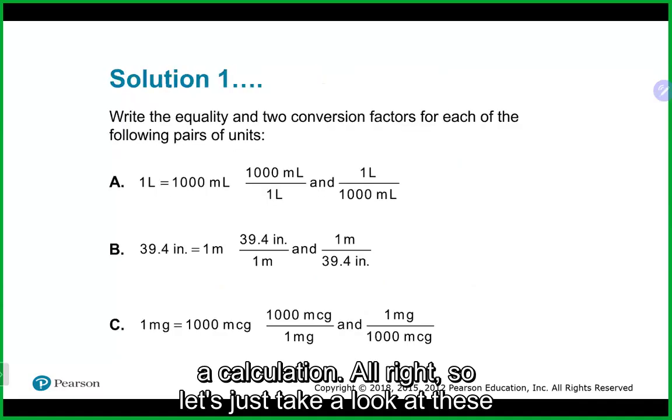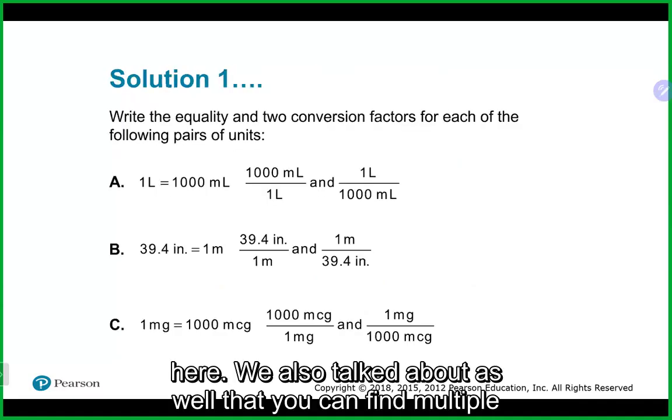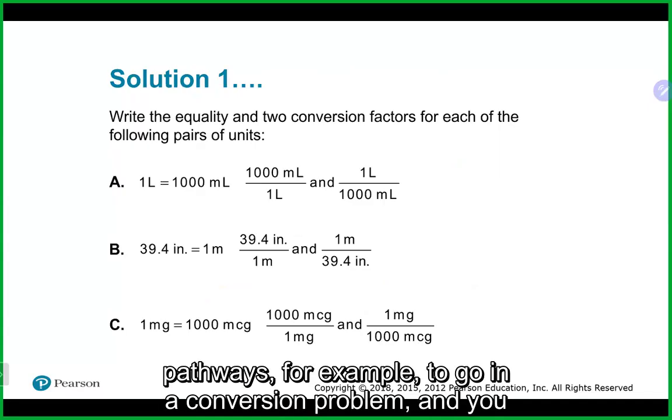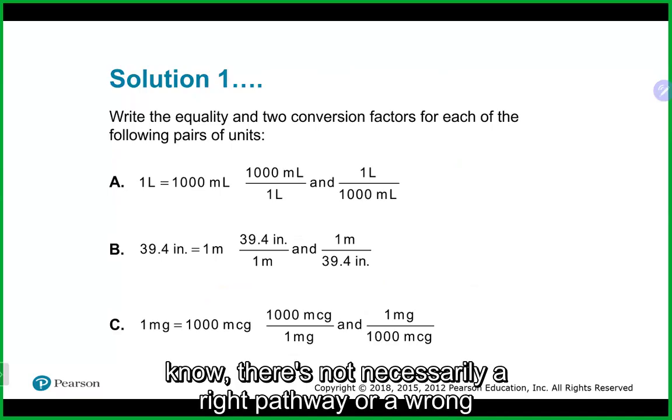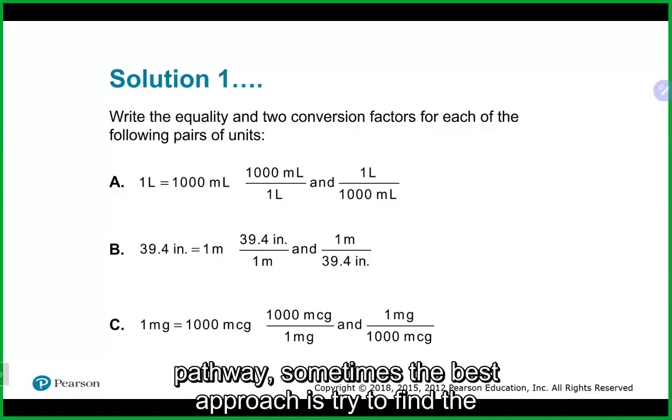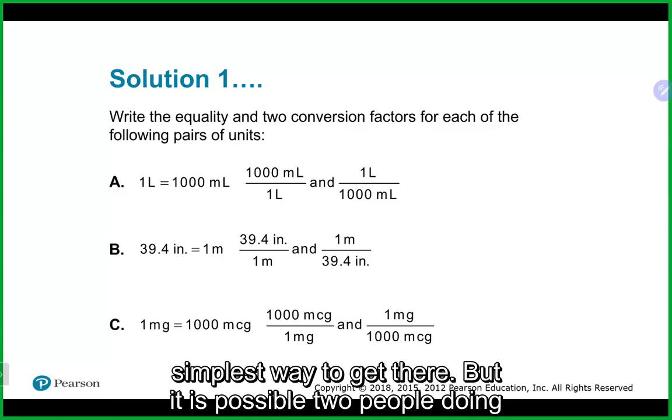All right, so let's take a look at these here. We also talked about how you can find multiple pathways in a conversion problem. There's not necessarily a right pathway or a wrong pathway. Sometimes the best approach is to find the simplest way to get there.